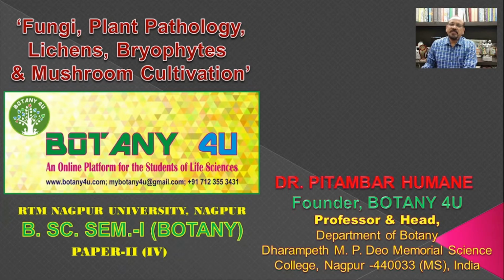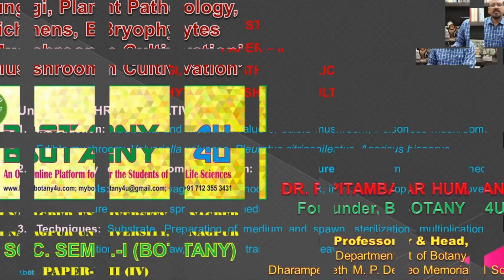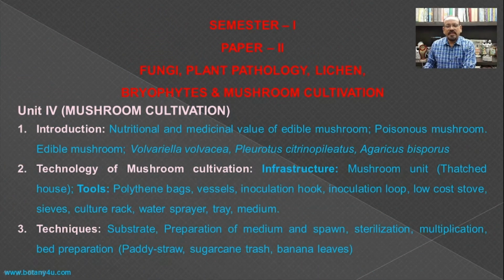First of all, we'll see the mushroom cultivation unit containing the different topics, and then we'll discuss the different MCQ type of questions based on this unit. In this unit, there are 3 major topics. Number 1, introduction. Second, technology of mushroom cultivation, and third, the techniques.